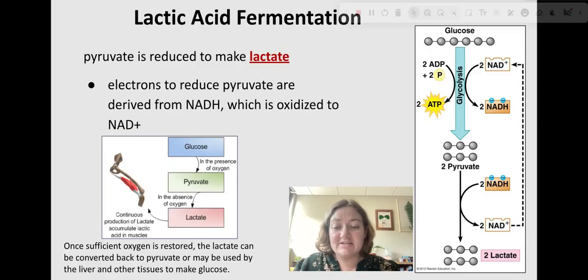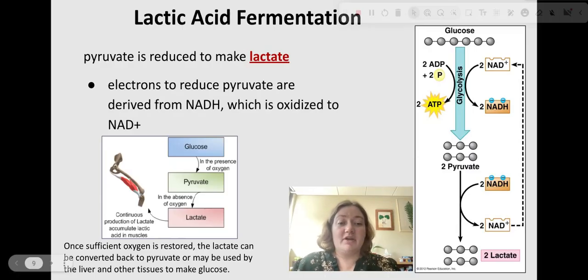Our muscle cells have the ability to start using just glycolysis and then form lactate when we're running low on oxygen. Think about it like if you're running a marathon or running long distances. We'll get lactate, and lactate will start to build up. That can often cause muscle cramps.